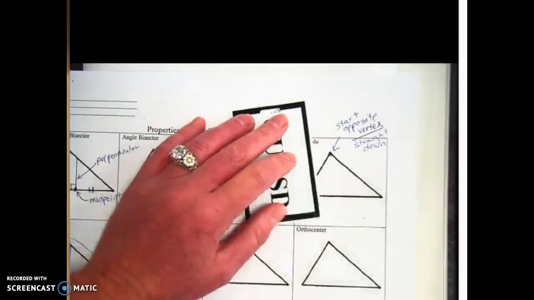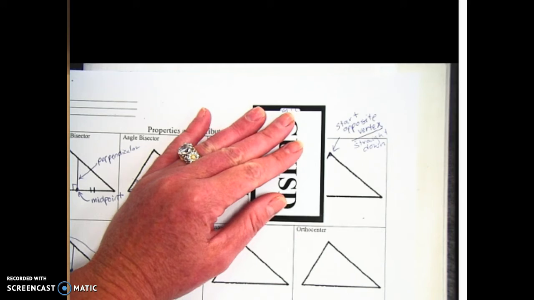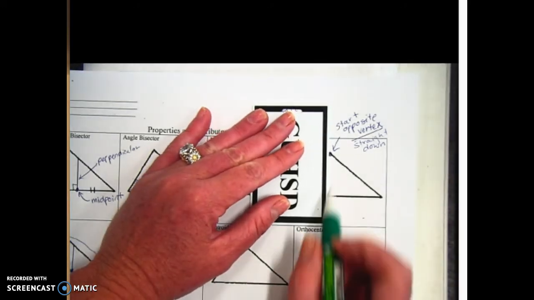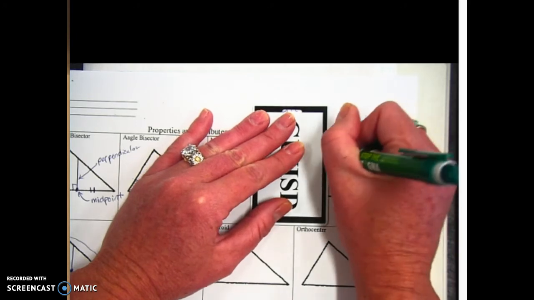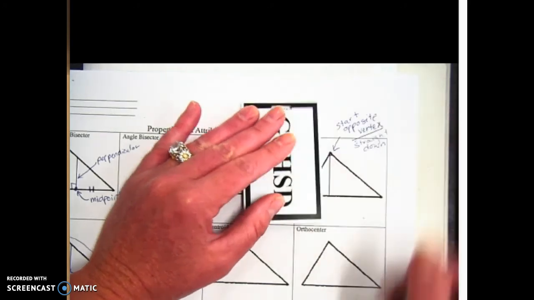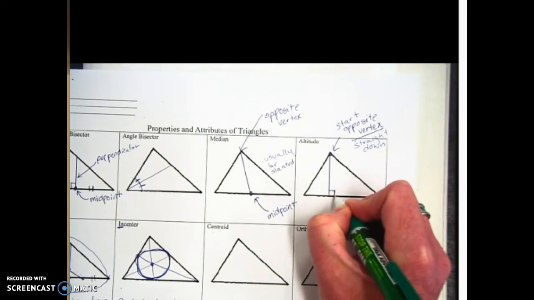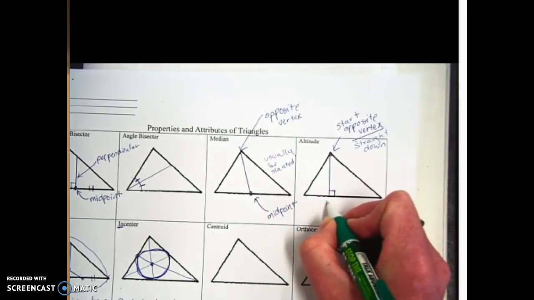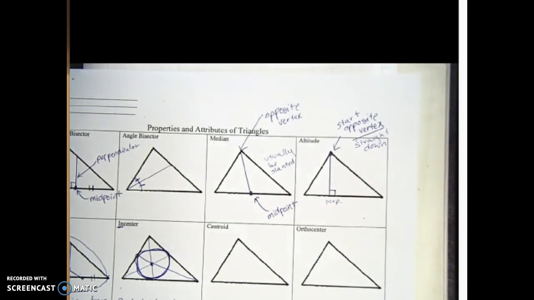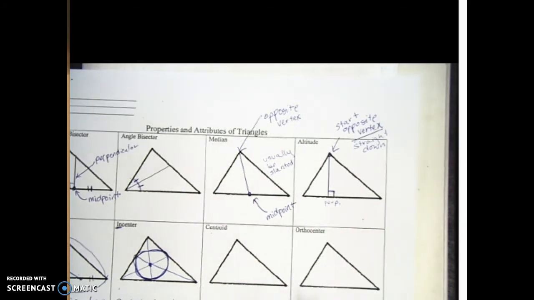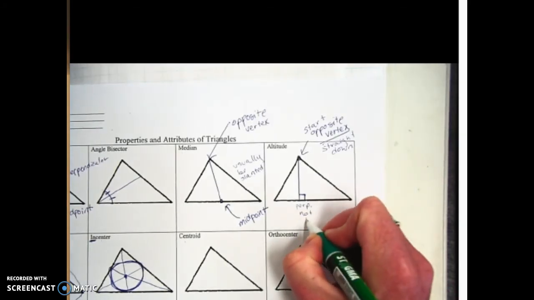So you're going to take your student ID, line up the bottom of your card with that line right there, and then scooch it over till it touches that opposite vertex, and then draw in your altitude. Okay, this one is going to have the little box. It is going to be perpendicular. But is it the perpendicular bisector? No, because the perpendicular bisector would have the midpoint. Is this the midpoint? No, not the midpoint.